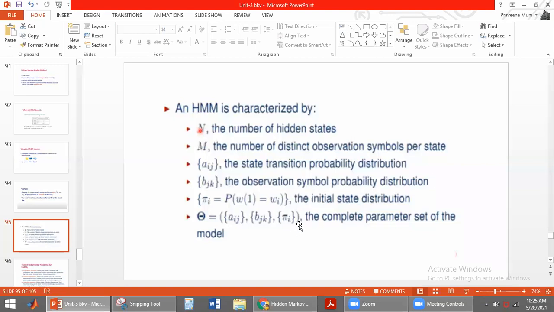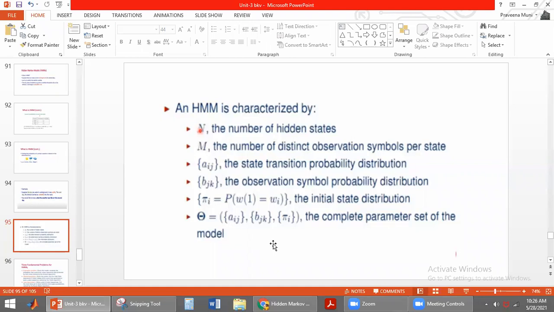And pi i is the initial state distribution, given as probability of omega 1 equal to omega i. Theta is given as Aij, the transition probability distribution, Bjk, the observed probability distribution, and pi i, the initial state distribution. The combination of all this gives you the complete parameter set of the model.